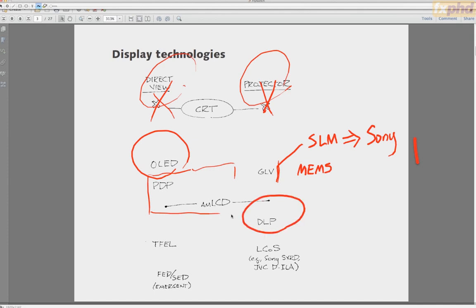DLP is the big deal in projection, of course, but active matrix LCD is used in both. So your projector might have an LCD panel, it might have DLP.